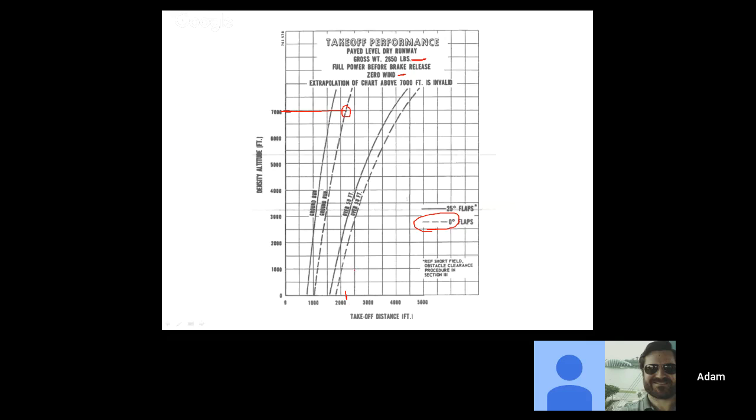And then if I want to make it over a 50-foot obstacle, I'm going to need about 4,400 feet or so. This chart's helpful because it's already speaking my language. I don't have to do any calculations. I'm already basing it off my density altitude.